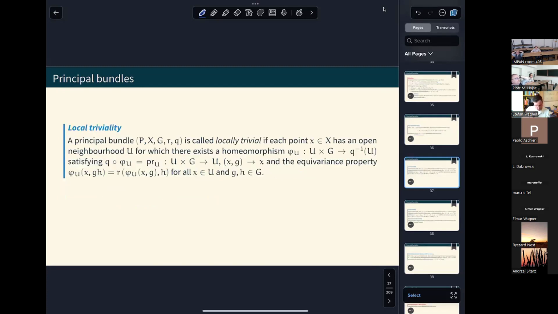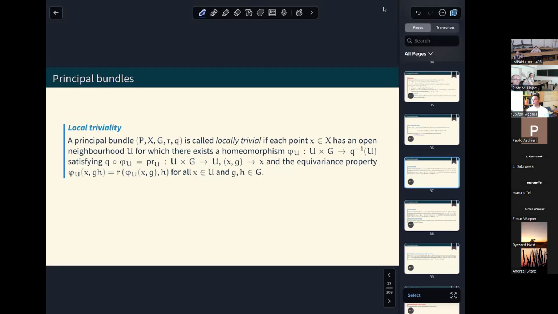Let me also say something about local triviality, where classically you're interested in principal bundles which are locally trivial. This means that each point has an open neighborhood for which there exists a homeomorphism from the Cartesian product to the inverse image over the open subset, satisfying this equivariance property.